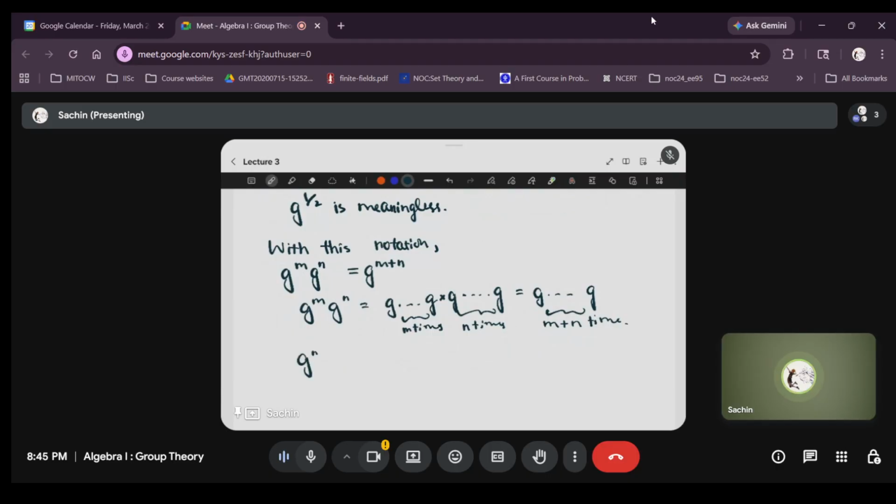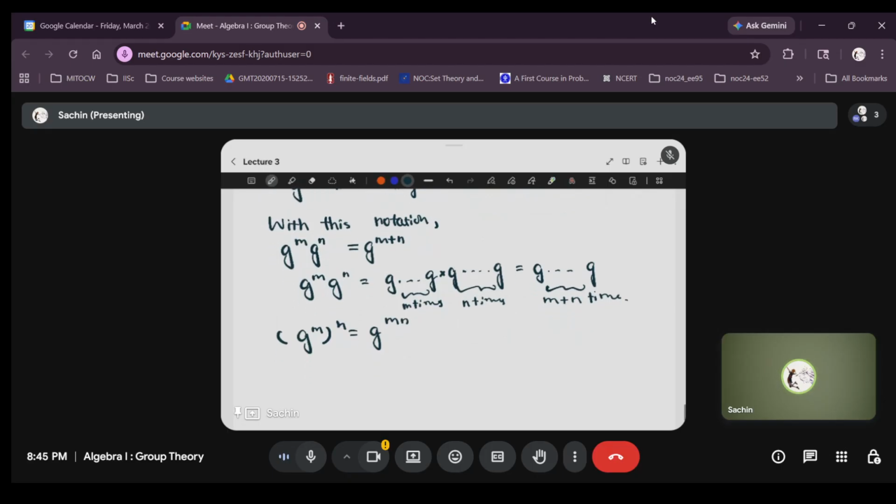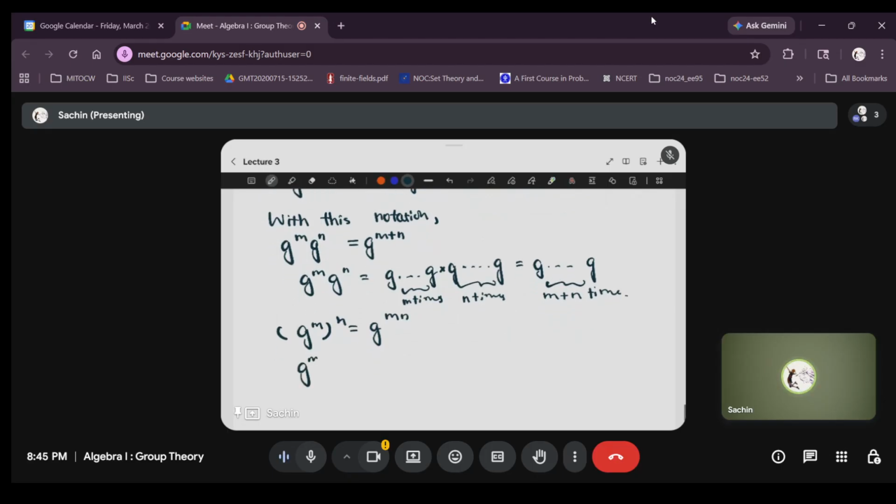And g power n is equal to g power mn. Why is that? That is because g power m, if you take this as some element a, this is a power n, which by definition is a multiplied n times, right? But a is g power m. So g power m multiplied m times.